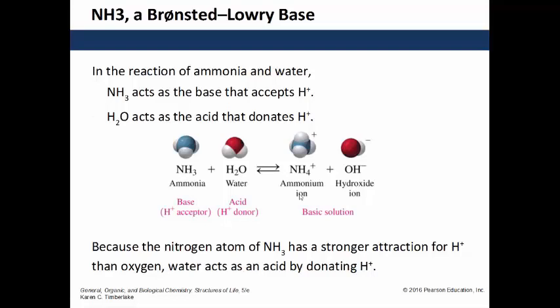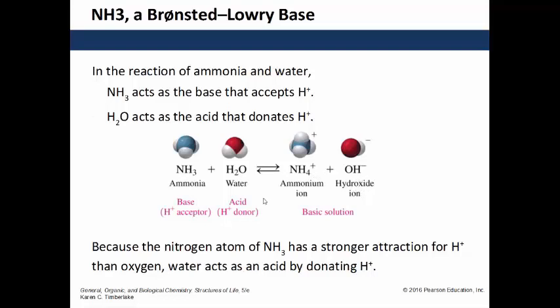Now in the reaction of ammonia and water, NH3, ammonia, will act as the base because it accepts hydrogen ion. And water will act as an acid because it donates that hydrogen ion. So here's the reaction. Ammonia, NH3, plus water will give you ammonium ion, NH4+, and also hydroxide ion, OH-.